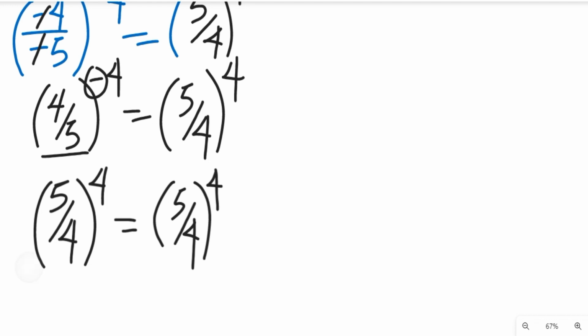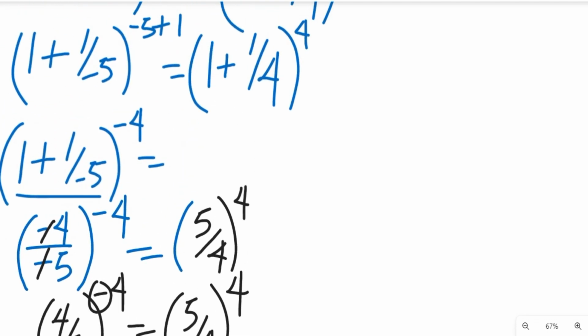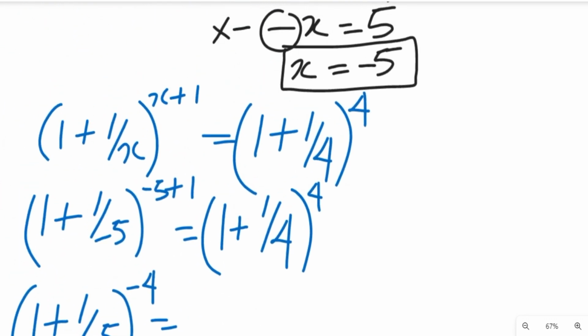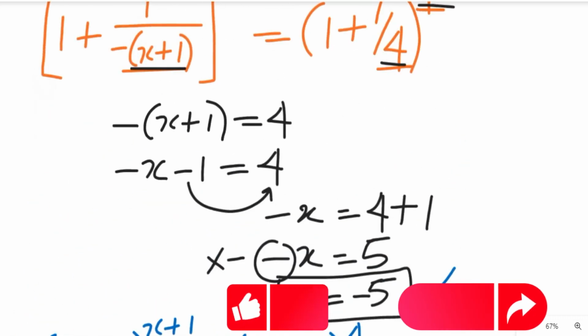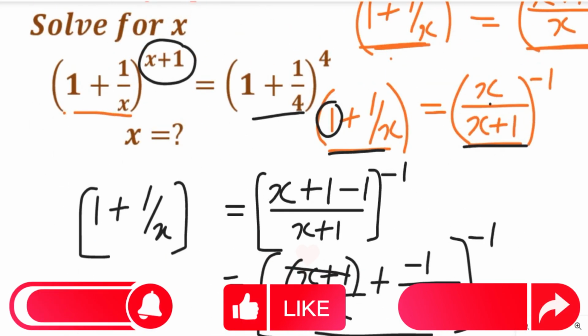So you see from this expression, the left-hand side is equal to the right-hand side. So that expression shows us that the value x equal to minus 5 truly satisfies that exponential equation that was given to us.